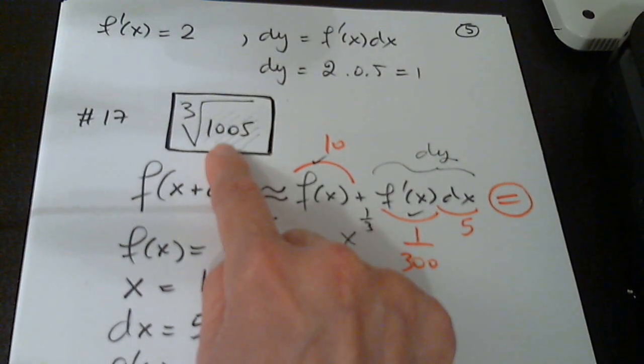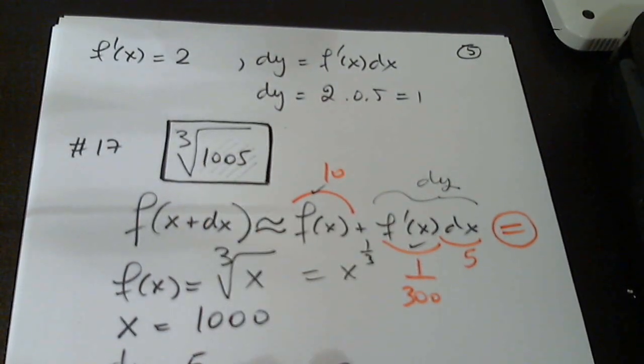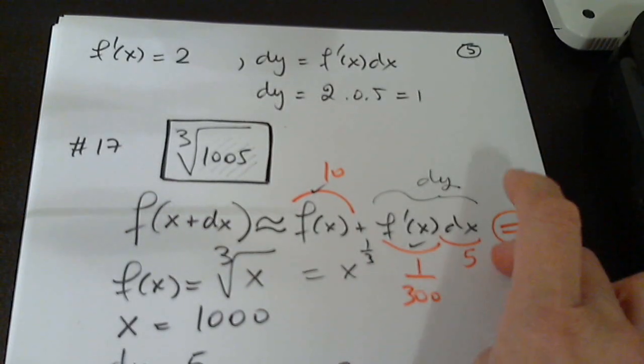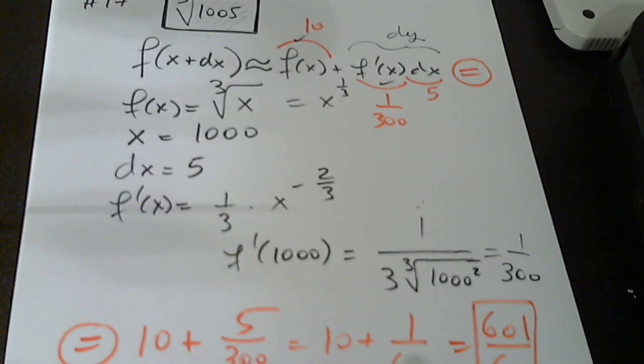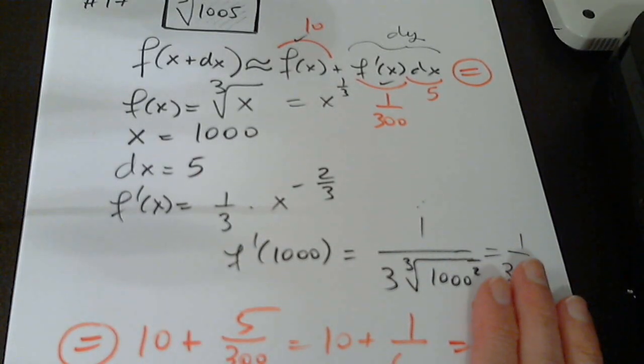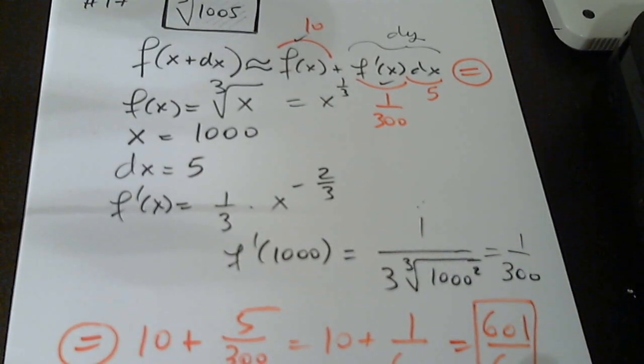We figured out that x must be 1,000, and the minor error is 5. It's very minor by comparison to 1,000. We put in all these values. We calculate it. Don't approximate. You have to leave it as a fraction. And now we know that the cube root of 1,005 is very, very close to 601/60.